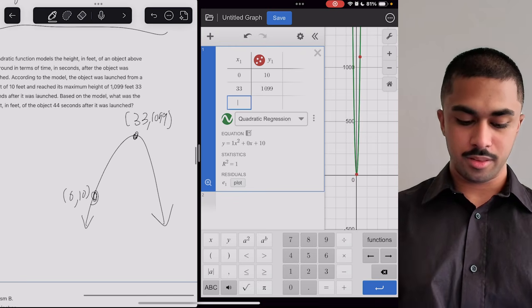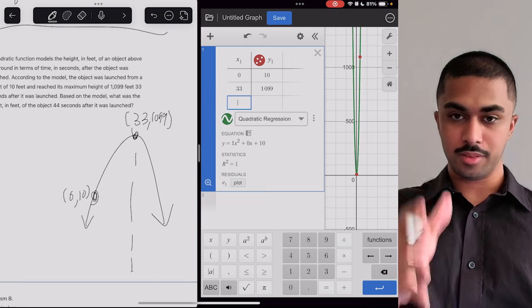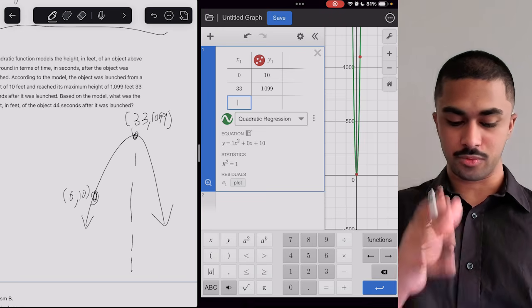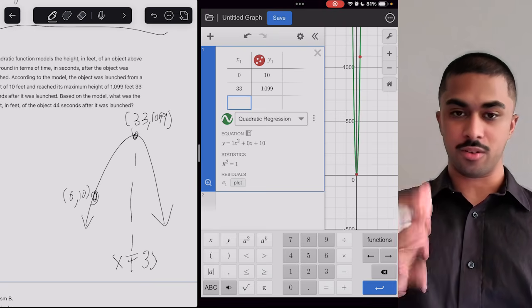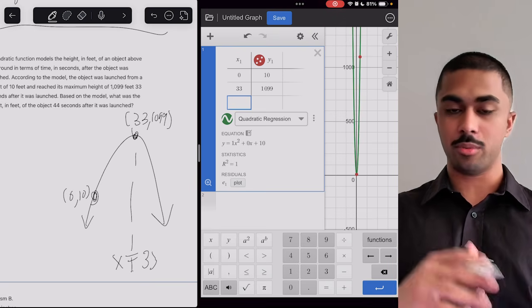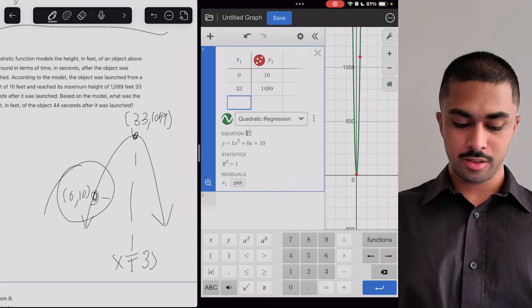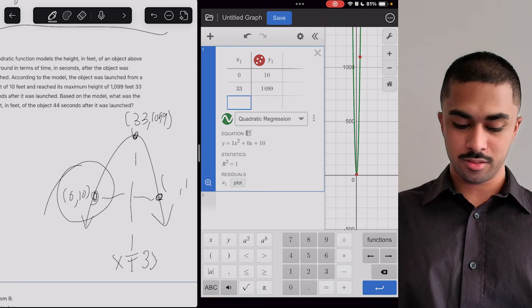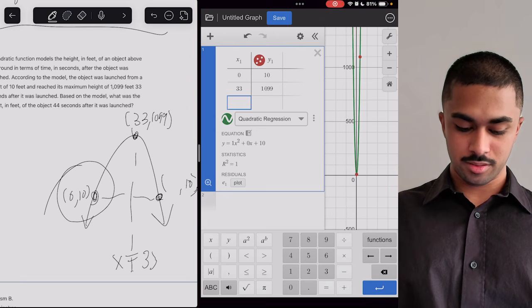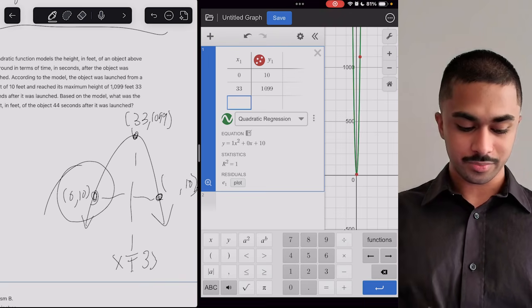Now, any parabola is symmetric along the axis of the vertex. So this is the line x equals 33. It's a vertical line, and parabolas are symmetric around that line. So if we have a point at (0, 10), there's another point with a y value of 10 that is mirrored on the other side of the parabola.